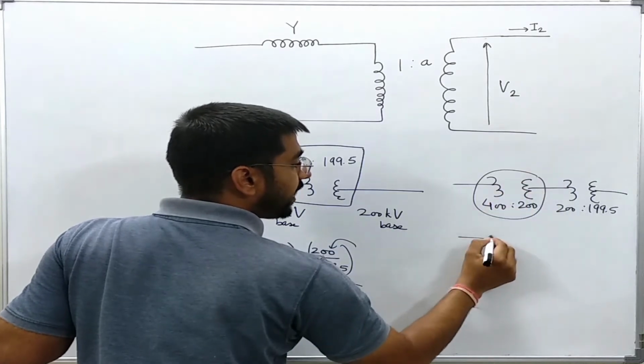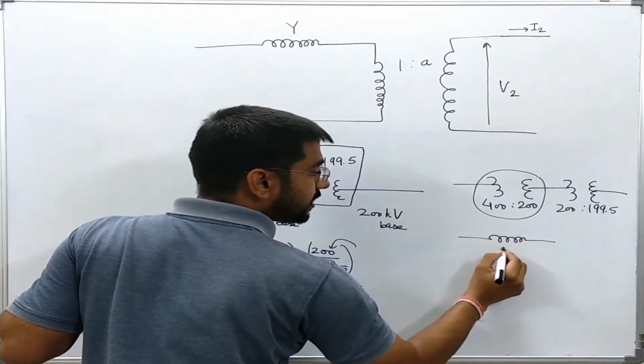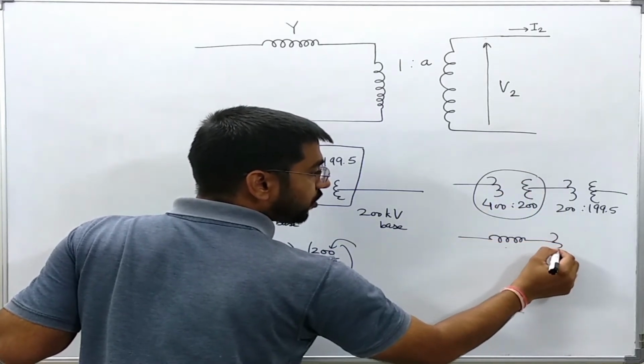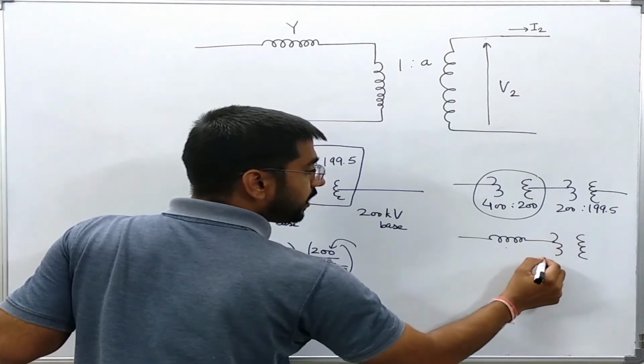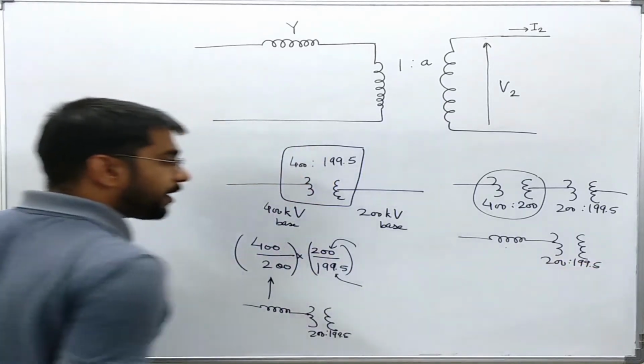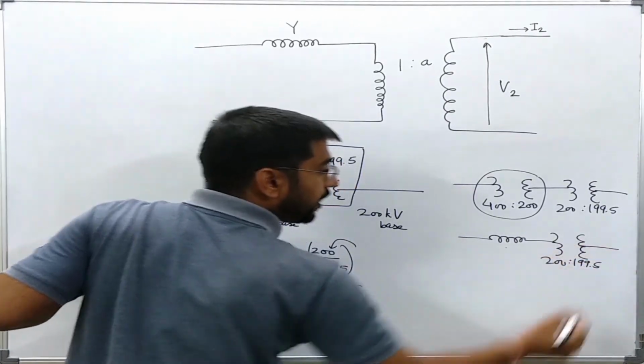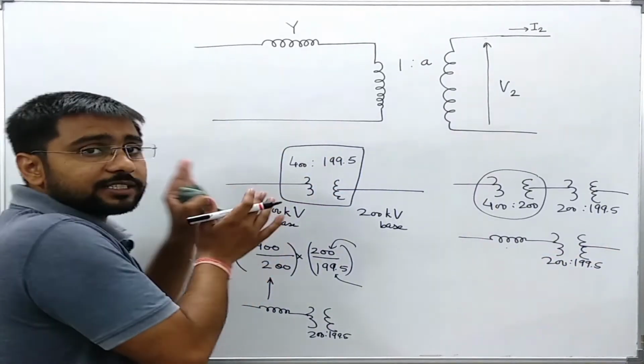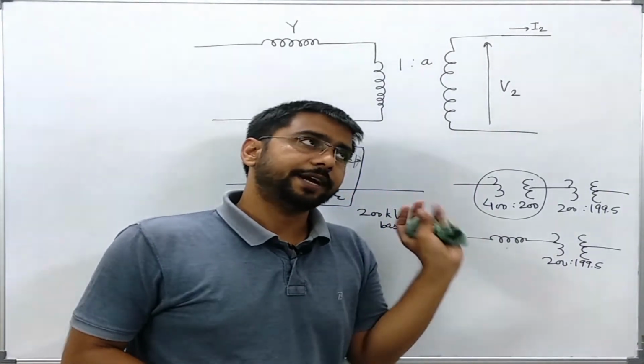So this transformer has just been changed to this impedance, and this transformer has this voltage ratio. So I hope now you have understood what I was trying to show in the previous slide.